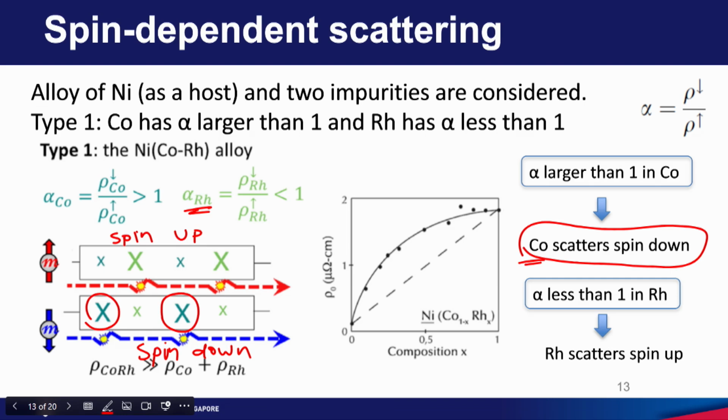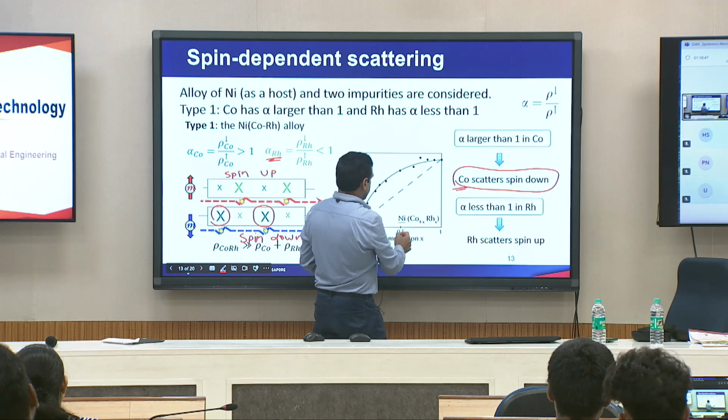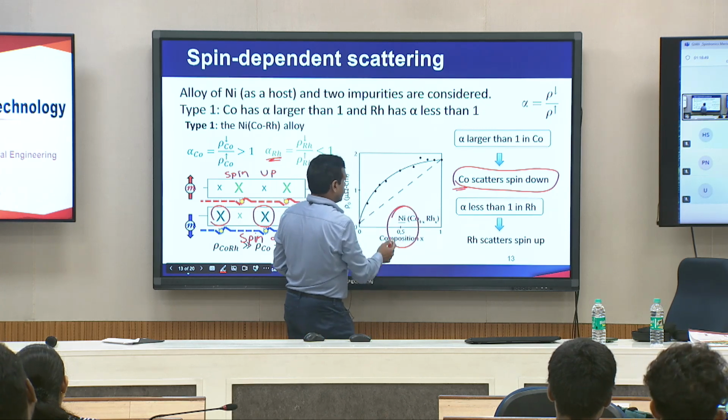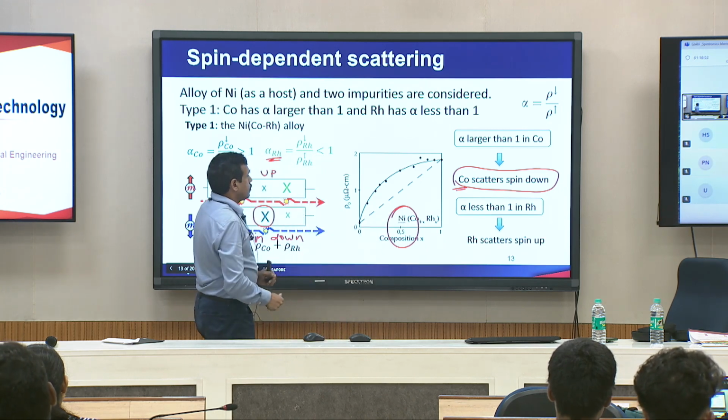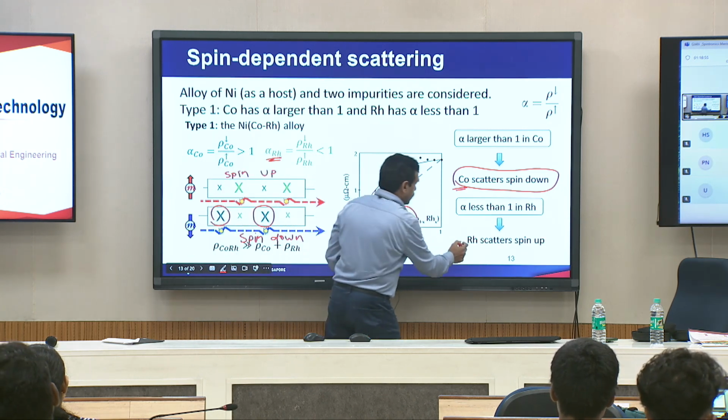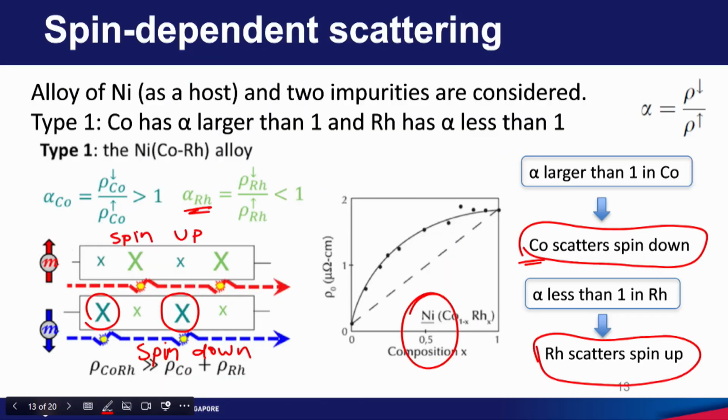And the spin up electrons are scattered by rhodium. So as you keep adding rhodium, let us say somewhere here you have both cobalt and rhodium. Rhodium scatters spin up electrons, so in the spin up channel, electrons get scattered by rhodium.